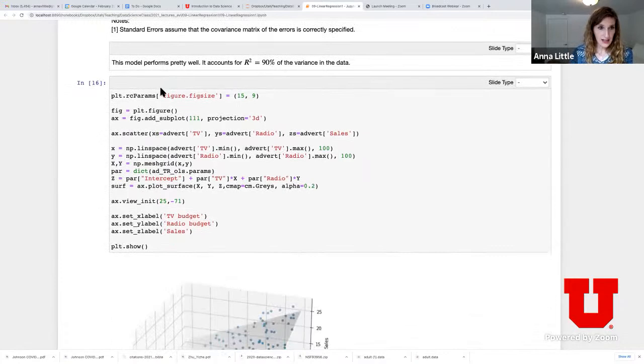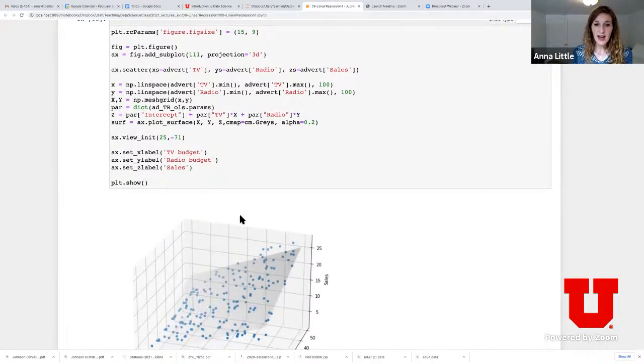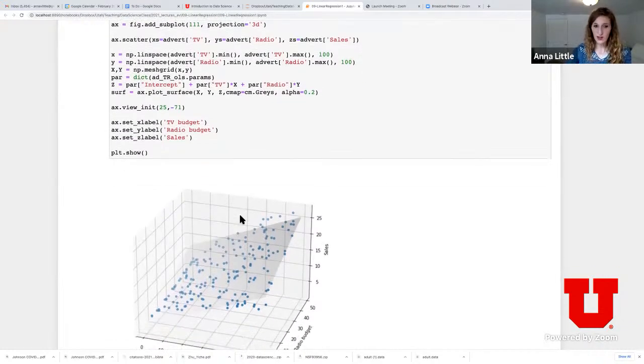Okay, and then here we can also plot, here we have a regression surface, right? So before we had a scatter plot and we were trying to find the line of best fit. Now we've got two variables. And so we are computing a plane, sort of the plane of best fit through this three-dimensional point cloud.